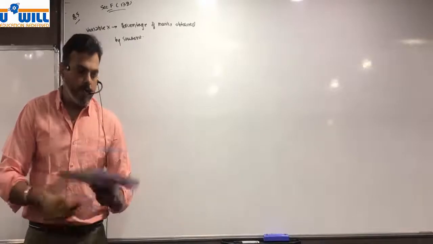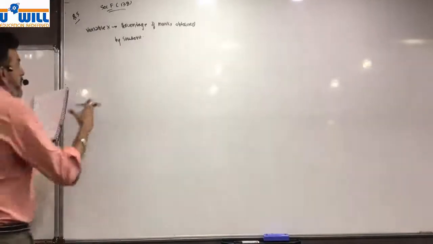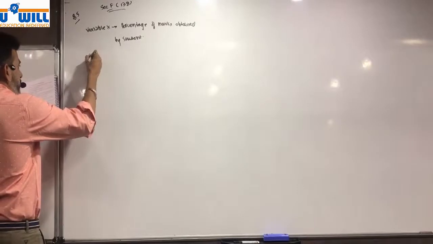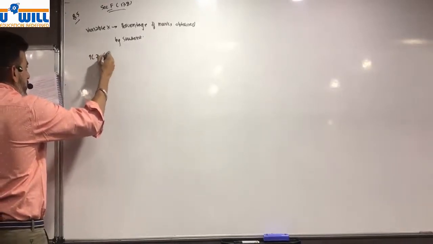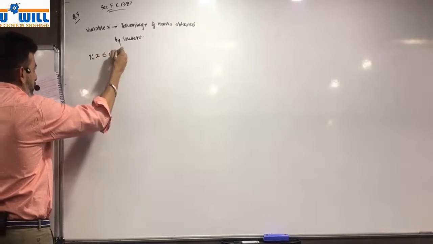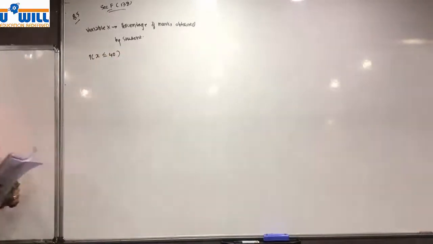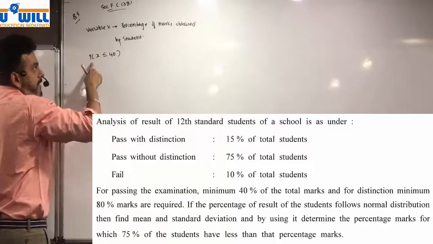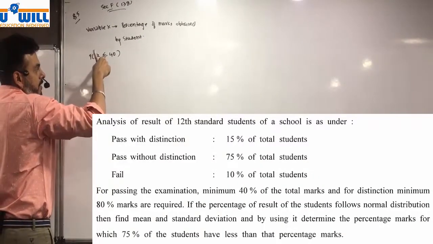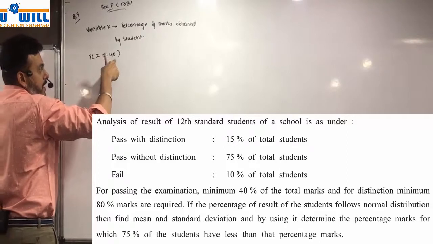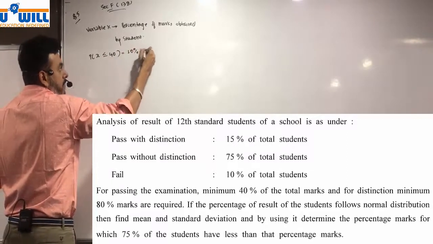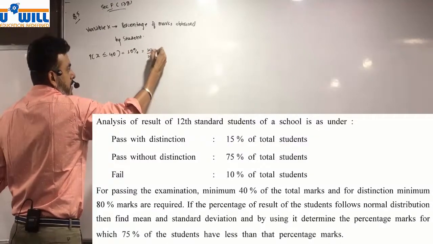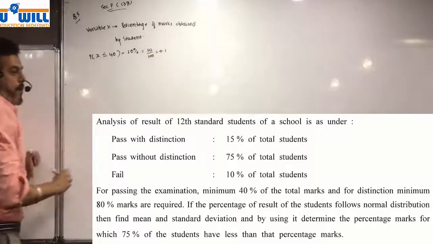Understood this? Probability that a student scored less than 40% marks are how many? 10%, which is 10 by 100, that is 0.1.